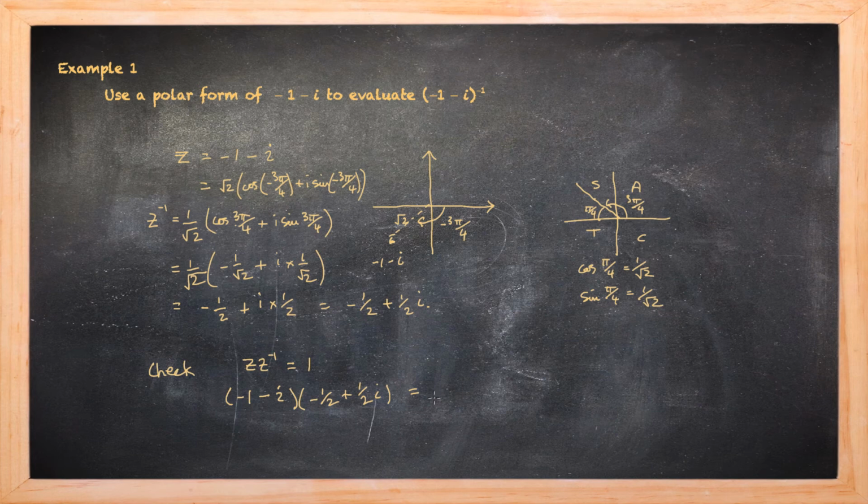That's -1 times -1/2. And the last two terms multiplied will have a negative i squared in it, which is +1 times this half. And then the outside 2 and inside 2 give us -1/2 i, and then plus 1/2 i. So they cancel, leaving us with 1/2 plus 1/2, which is 1. So we got the right answer.